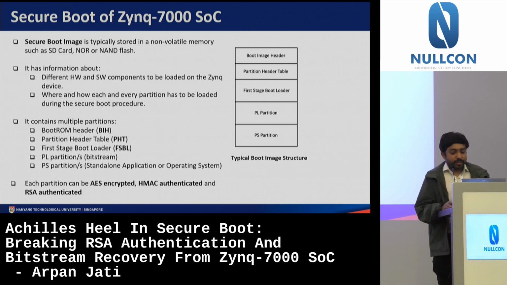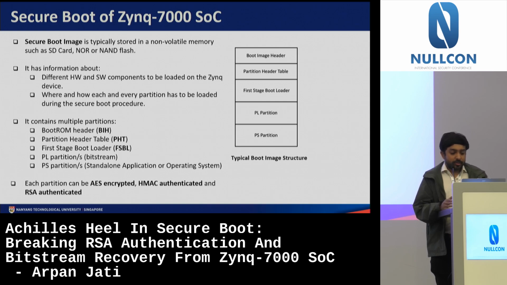Then we have the partition header table, the first stage bootloader, and the PL partitions for the bitstreams, of which there can be multiple, loaded based on the user's choices. We also have applications which run on the FPGA, and there can be multiple cores, each running multiple applications. And if an OS such as Linux is running, it will be on a separate partition.